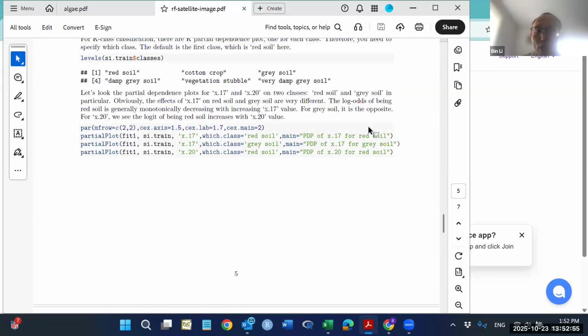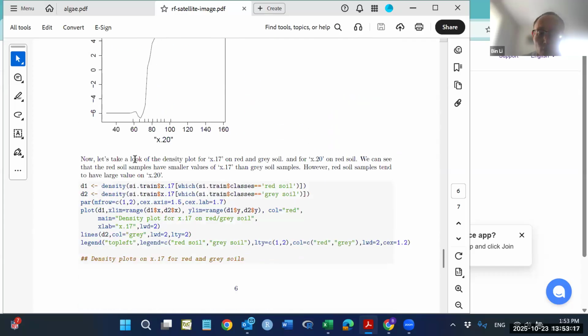So that's why when you plot the partial dependence plot for a categorical response variable, which is the classification case, don't forget that you need to specify which class you are looking for. And also, you always need to specify the variable.